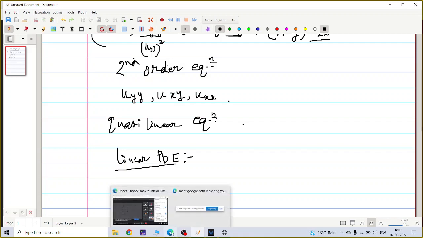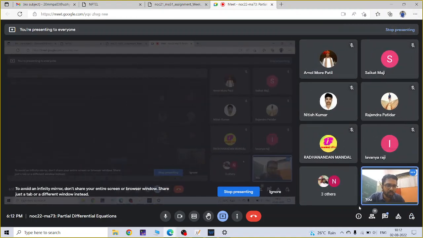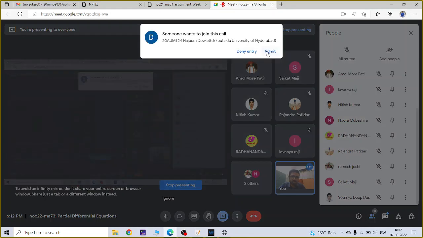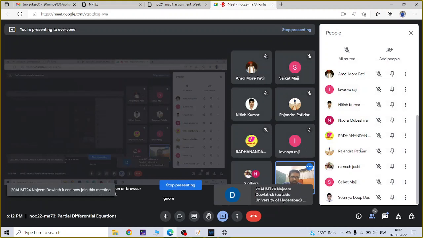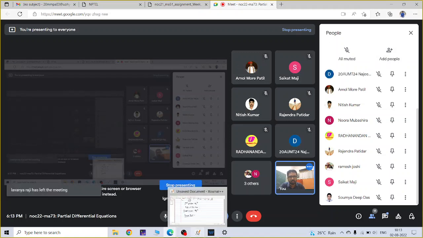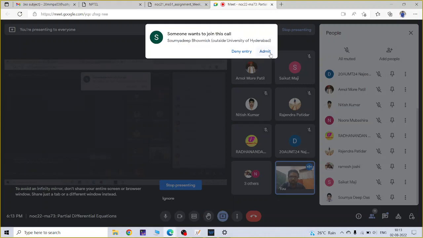I'm not able to see the screen. Who is present? Nitish Kumar, Amal, Rajendra, Somadip Das? Please respond if you know. What is a linear PDE? Every time I have to do something else.